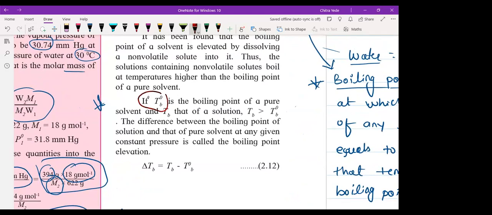After adding a non-volatile solute, the boiling point of the solution becomes TB. And we know TB is always greater than T0. So we subtract the boiling point of the pure solvent from that of the solution, and we get the change in, or elevation in, boiling point. So here delta TB is called elevation in boiling point. Okay, everyone, I hope you understood that.